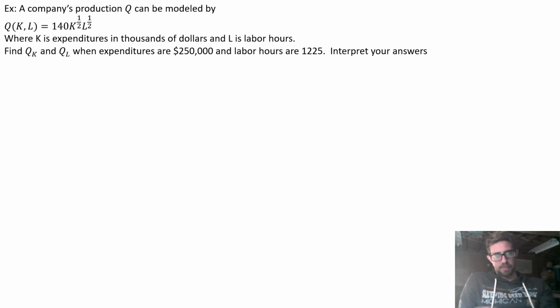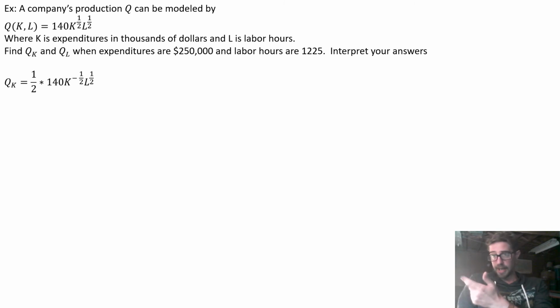We're going to find both partial derivatives, specifically when expenditures are 250,000 and labor hours are 1225. And then we're going to say, what is that? What did we just do? Okay, Q_K. K is the variable, so by the power rule, the 1/2 comes out front, the constant 140 comes along for the ride, and the power of 1/2 drops down to negative 1/2.